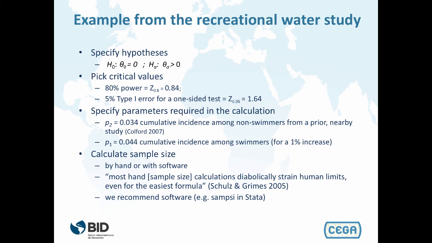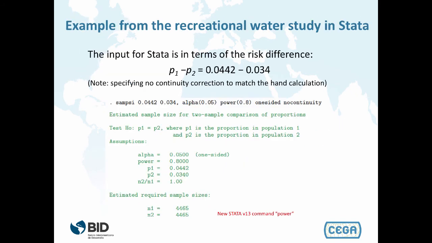We can do that by hand or with software. But remember, most hand calculations diabolically strain human limits, even for the easiest formula. We recommend you use software, such as the sampsi command in Stata. Here we show you the output from Stata for the recreational study. What sample size would we need to detect a 1 percentage point difference?